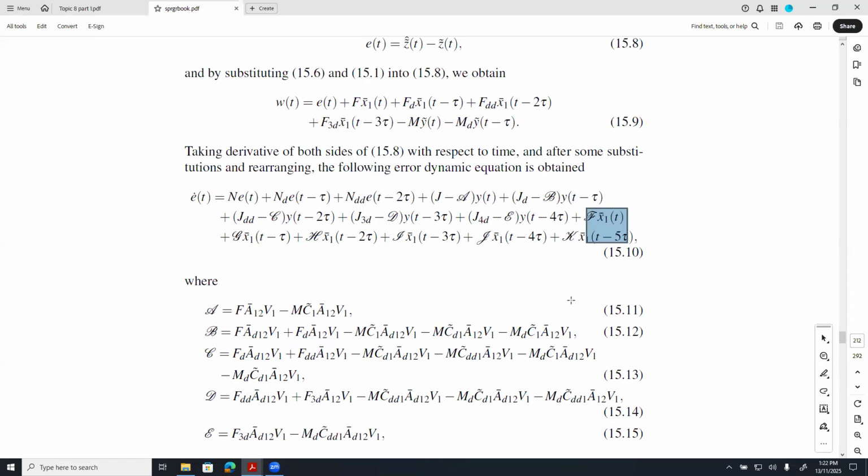So when we look at these terms, we have x bar 1 of t, delay 1, delay 2, delay 3, 4, 5. So we have actually altogether 6 coupled matrix equations. All right.